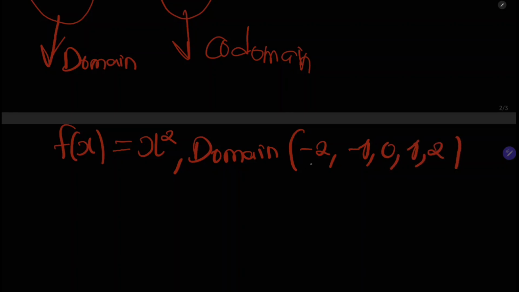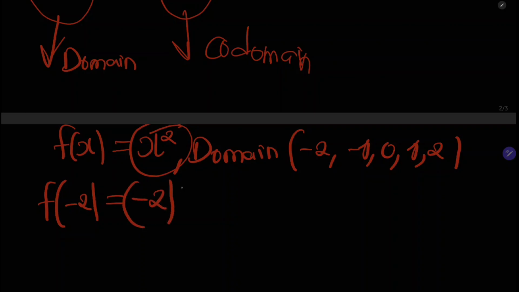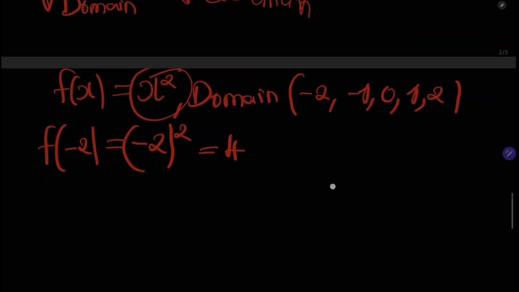Here we'll see f(-2). We know that f(x) is x squared, so we take the -2 and substitute it into this equation. So it's going to be (-2) squared, which equals 4.